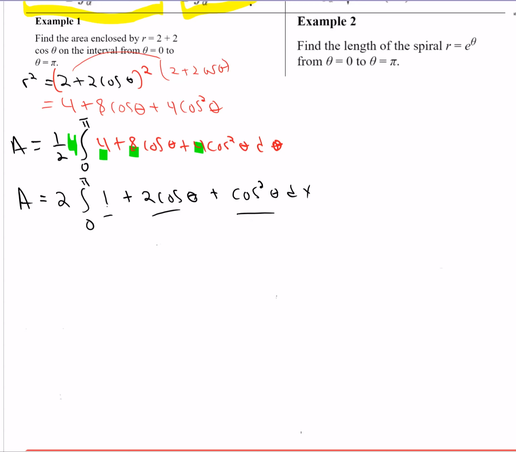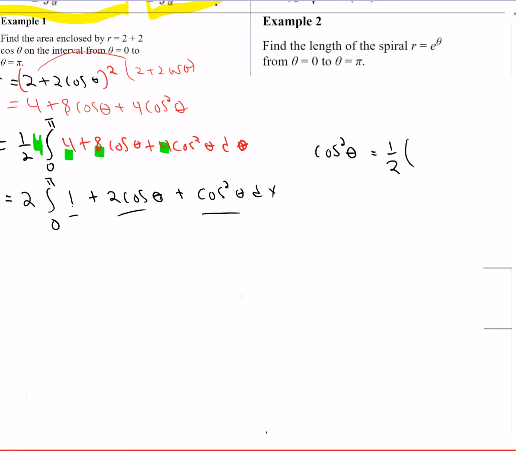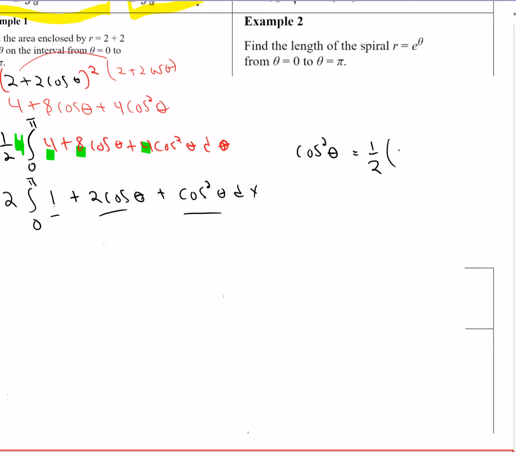In order to do this one, we need to use the trig identity that cosine squared is the same as 1/2 of 1 plus cosine 2 theta.